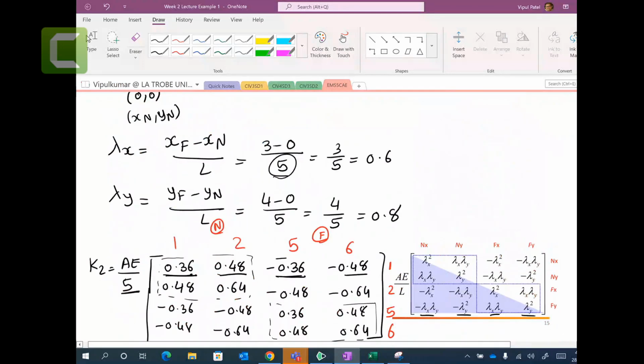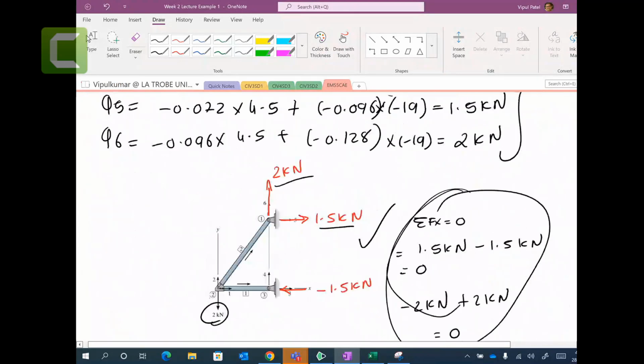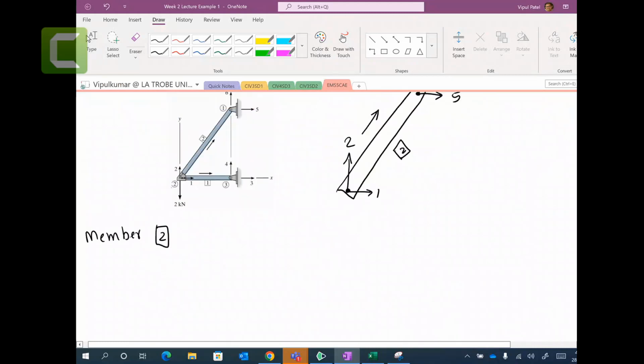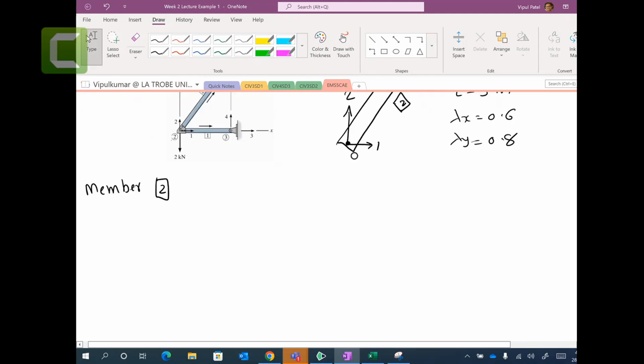If you remember the Pythagoras, lambda x and lambda y are 0.6, 0.8. So length 5 meters, lambda x 0.6, lambda y 0.8. Right? So let's use the same equations.